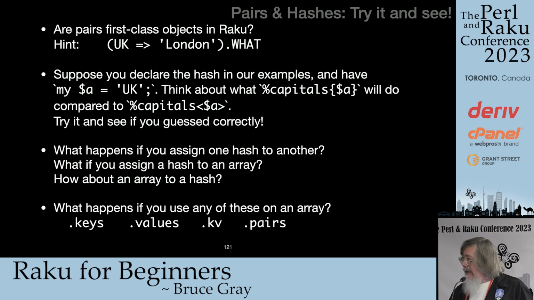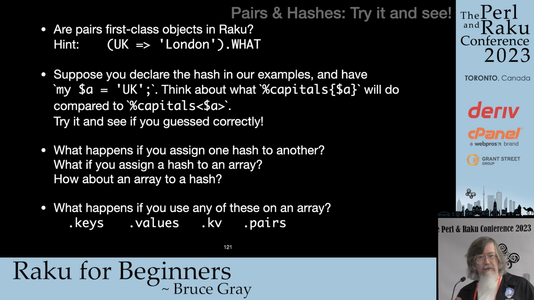If you assign an array to a hash, it will try to do the old thing that Perl does of pairing up key value, key value, key value by taking every other one, which is useful sometimes, unless it detects that the first thing in that list that you're giving it is a pair object. And then it'll expect them all to be pair objects.